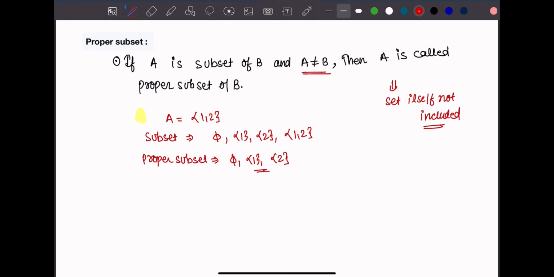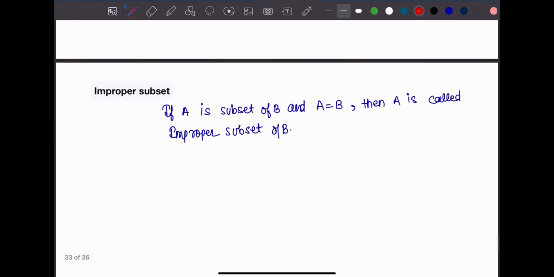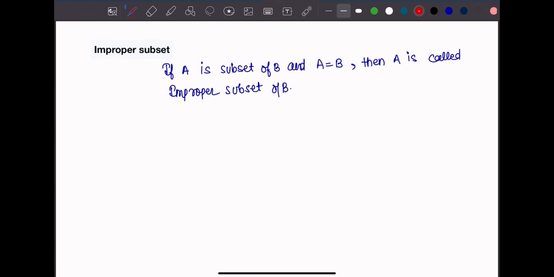The set itself not included, we will get proper subset. Okay, next definition we have improper subset. Improper subset means the set itself we have to include also, like we can say total number of subsets. Whatever subsets are possible, all these subsets are called improper subsets.